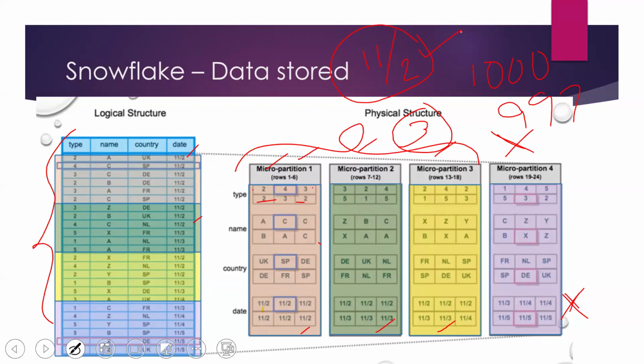You can directly ask where the CSC department is and go there. You don't need to go to the EEE department, the mechanical block or the civil block. Similarly, it will ignore all these 997 partitions, because the 11/2 data is available only in 3 micro partitions.